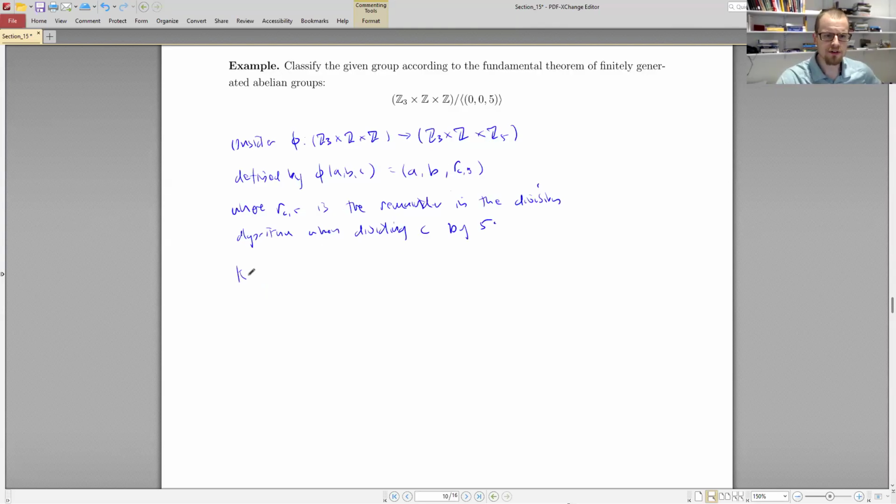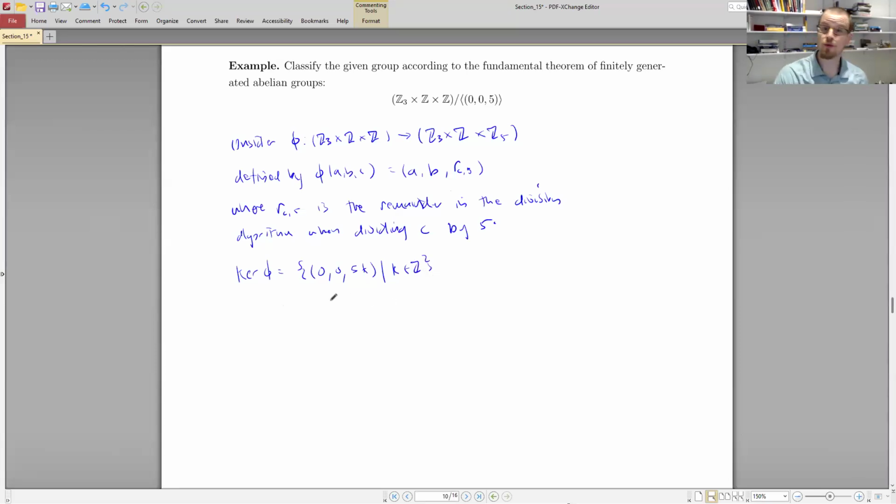Then the kernel of phi is equal to, so the only way I'm going to get 0, 0, something is, of course, so this is the set of elements 0, 0. Now here I can take anything that is a multiple of 5. So 5k, let's call it, where k is an integer.